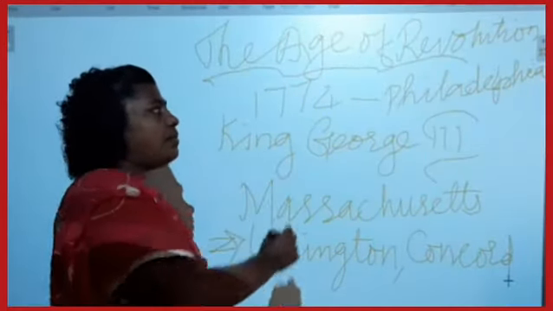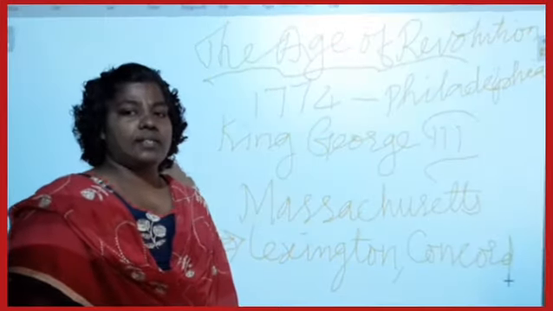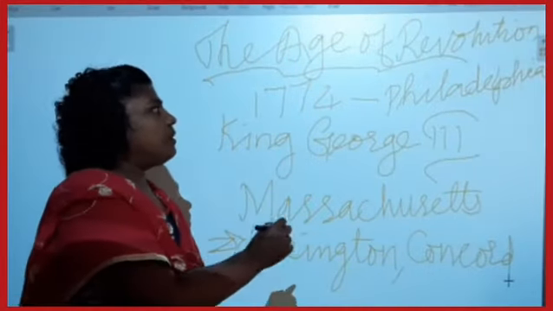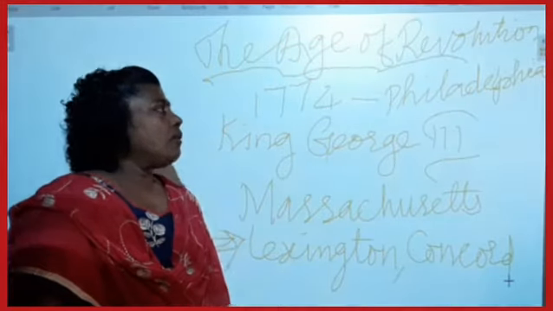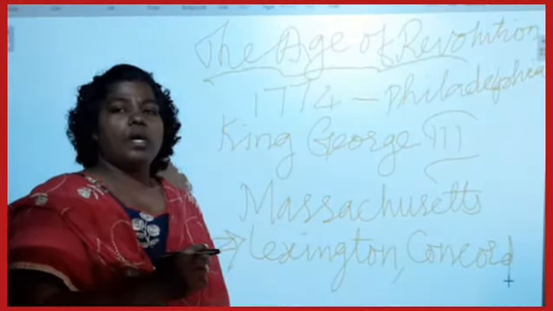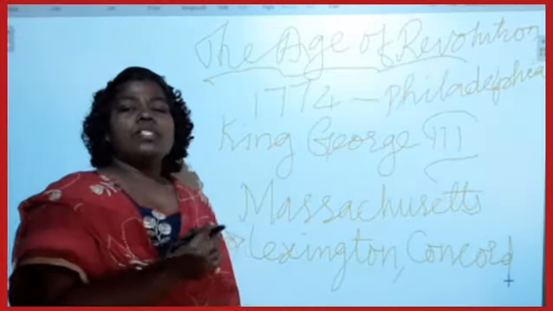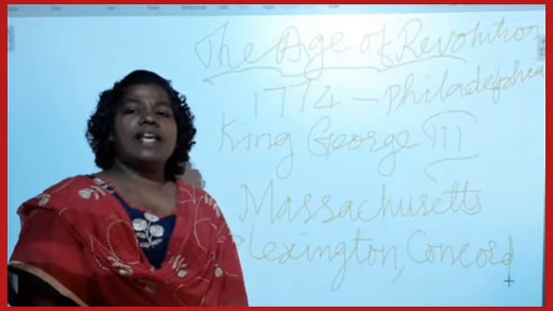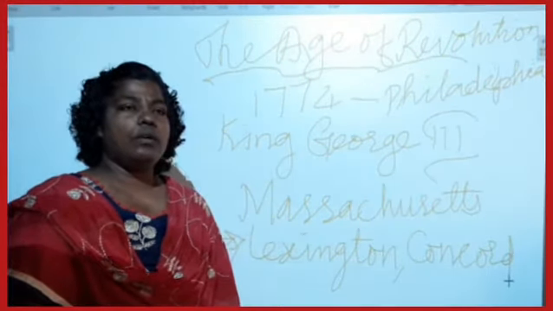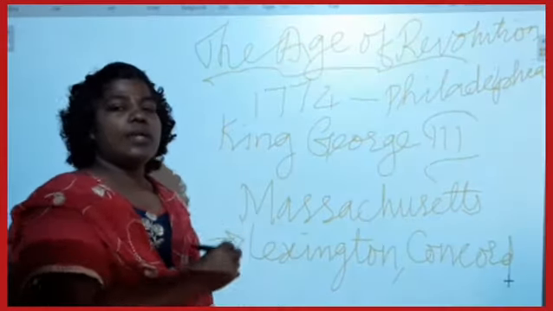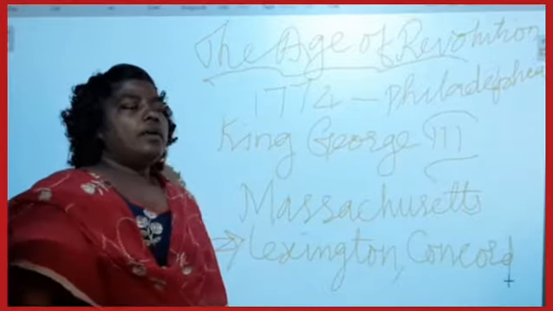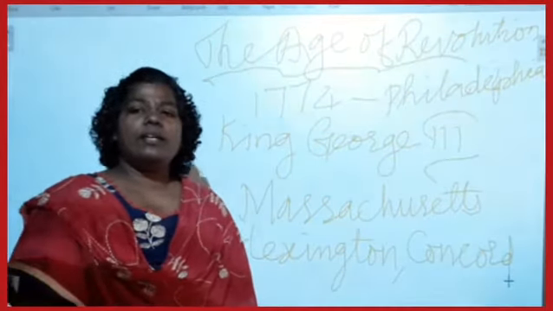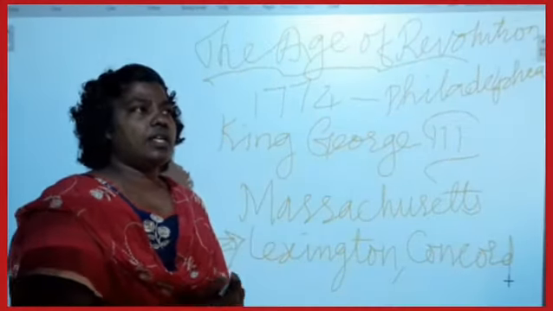And what happened because of this rebellious action against the British ruler? There was the birth of the United States of America. In 1781, the birth of the United States of America was declared.